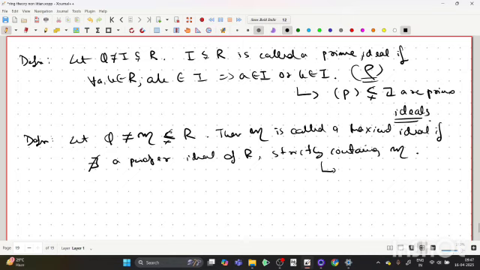So an immediate example of a maximal ideal would be the ideal generated by p in Z. This is again a maximal ideal.